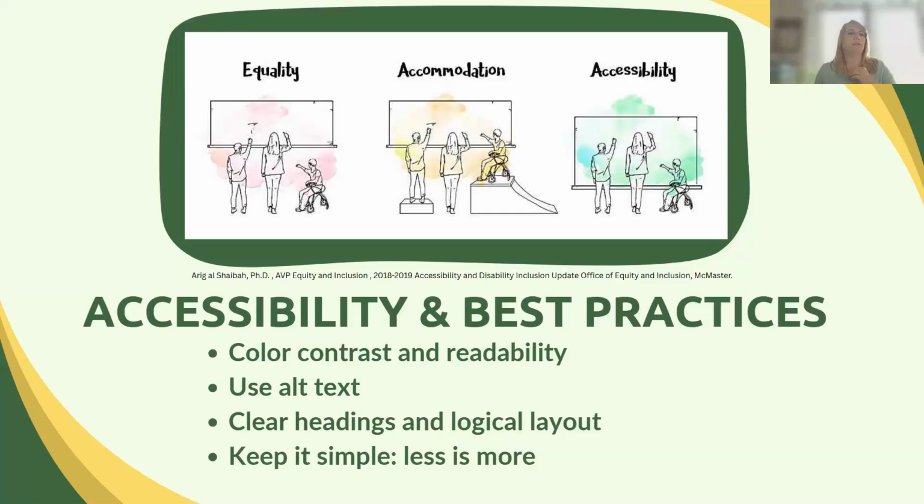And then to really meet accessibility, for instance, this example is that it made the whiteboard wider, bigger, and lower, so that all the students can have the same accessible way of getting to the content and learning. So we're going to really, honestly, be pushing the accessibility part in all of the content soon.